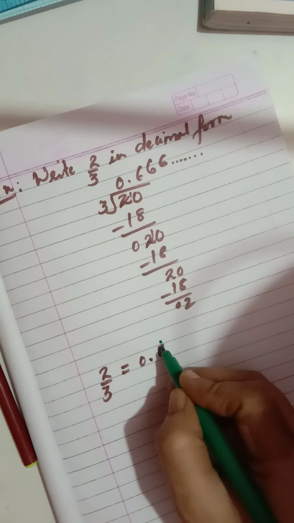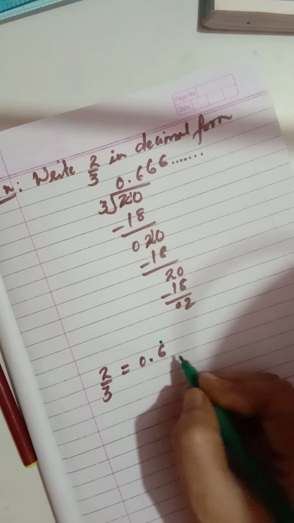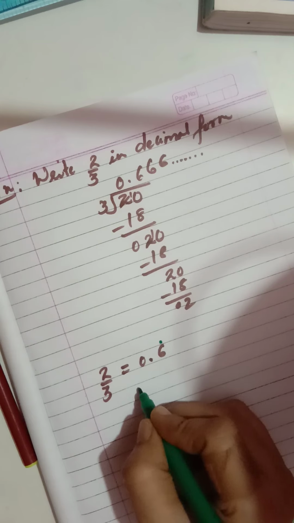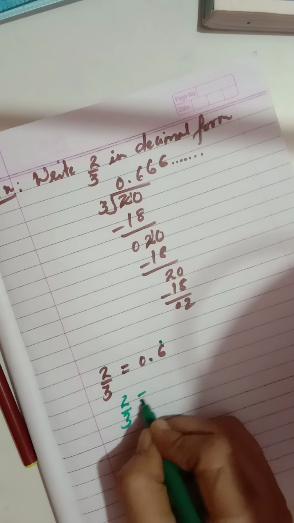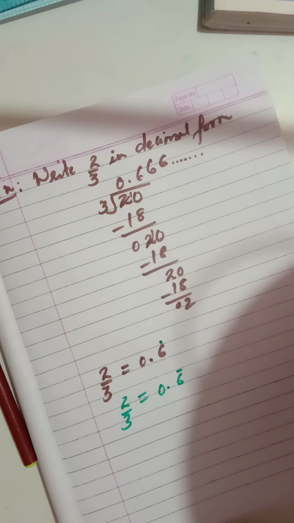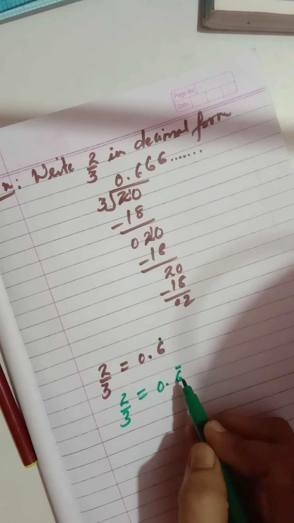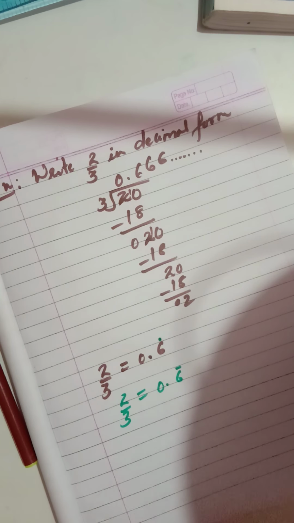This dot means 6 is recurring. Or this can also be written as 2 upon 3 is equal to 0.6 with a small bar on the 6, children. This symbol means that 6 is recurring. Recurring means it occurs again and again, it is repeated.